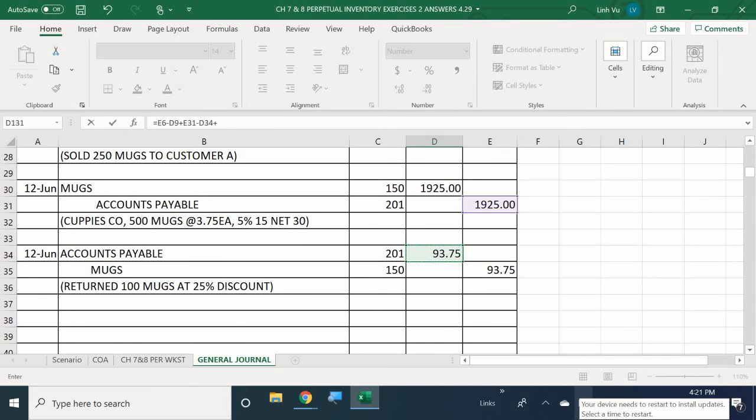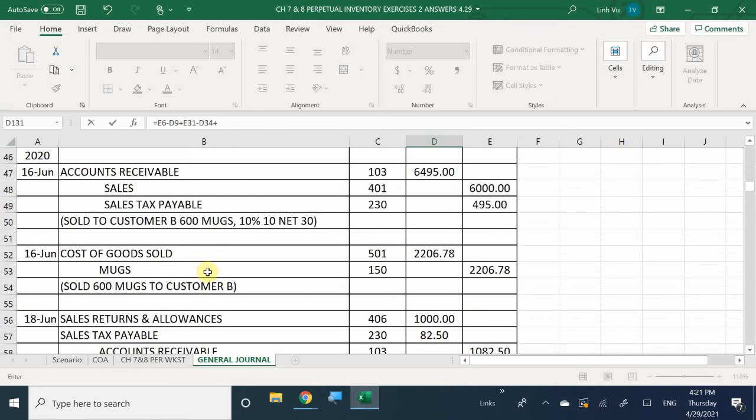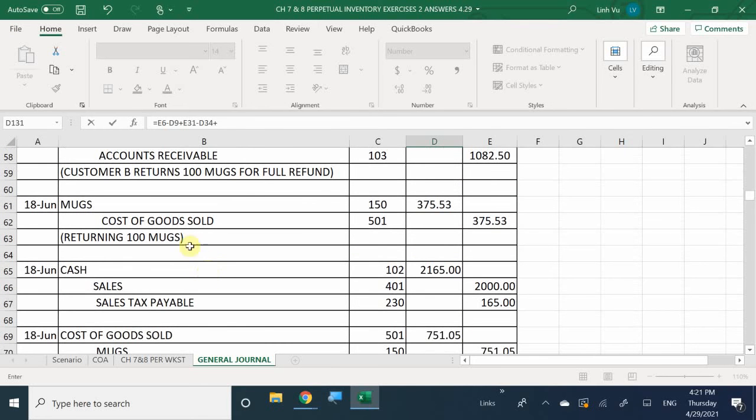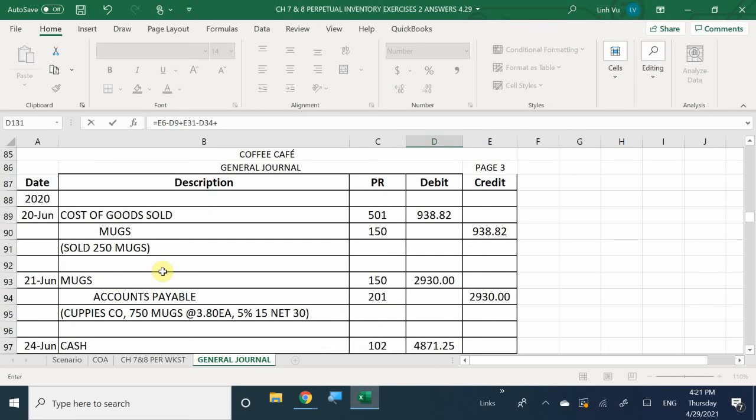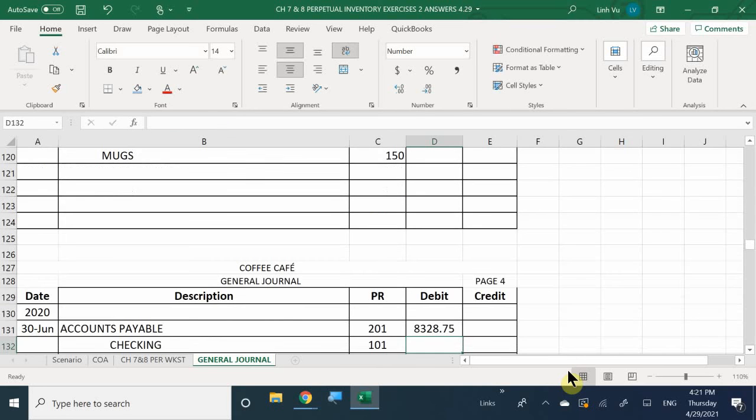And then lastly, we also increased our accounts payable by making another purchase on the 20th. Here we go. Therefore, now we owe an additional $2,930. So therefore, right now, I owe a grand total of $8,328.75. So what I did was I added all three bills together, okay?